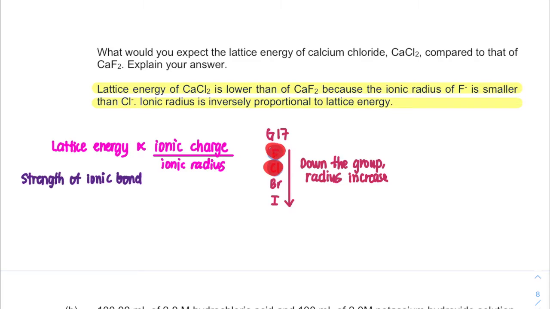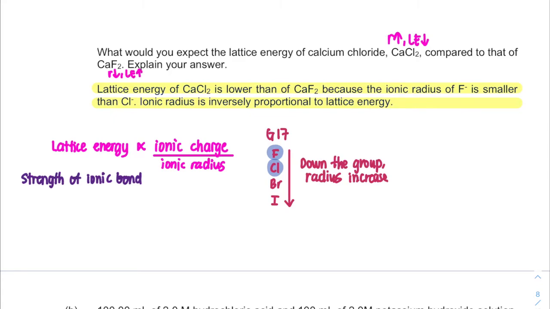Okay, but for lattice energy, it is inversely proportional. It means that CaCl2 has a higher radius, a bigger radius, so lattice energy is smaller. This one has a small radius, so lattice energy is bigger.